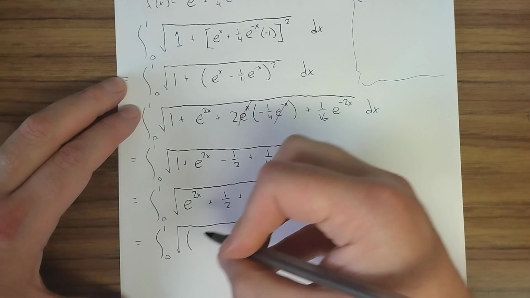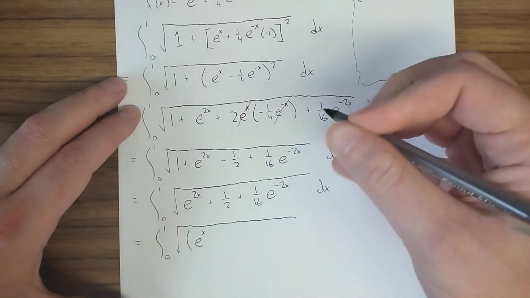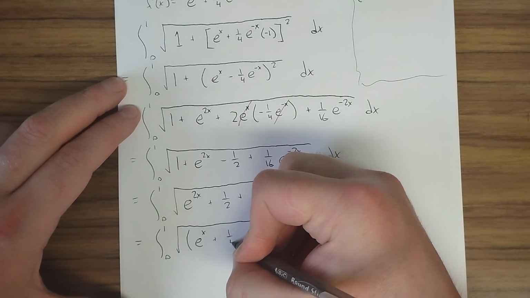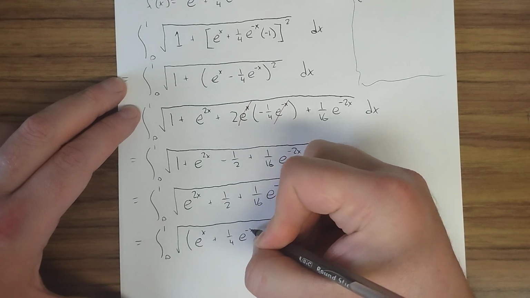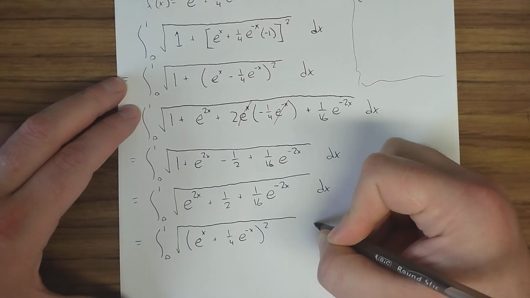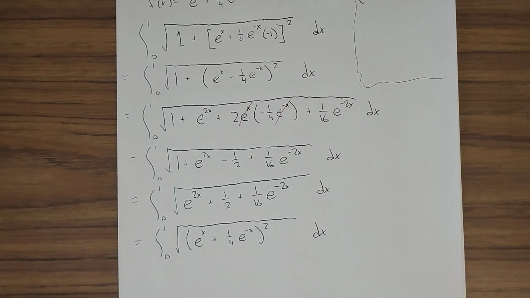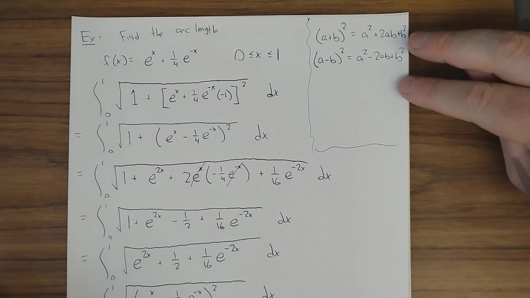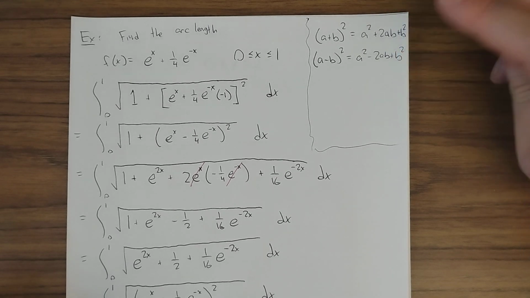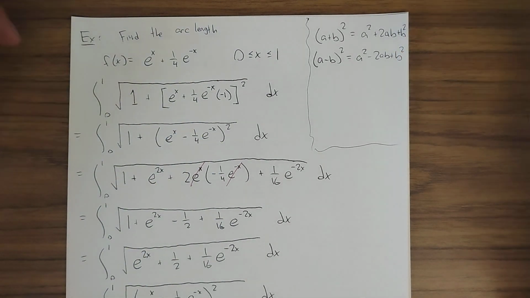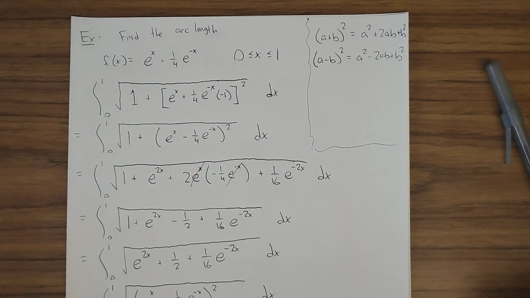I can tell you this is going to be e to the x plus 1/4 e to the negative x, squared. Now, how do I know that? It's related to this information. So there's a couple of things to notice about what just happened.